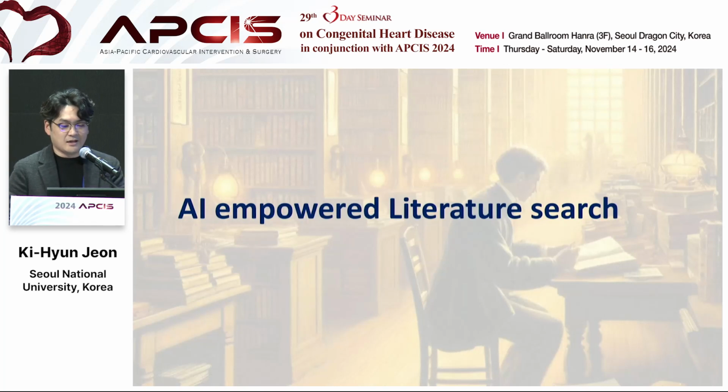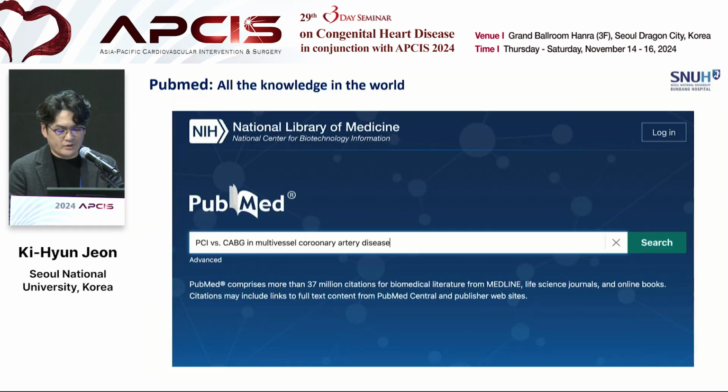First of all, it's AI-empowered literature search. We get most of our references from PubMed, which is a valuable resource of medical knowledge and a trusted search tool. There is no doubt that PubMed is highly useful.